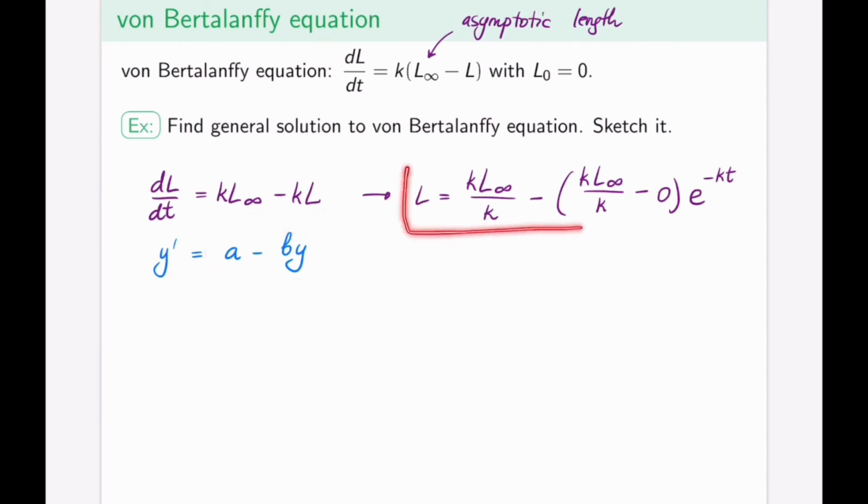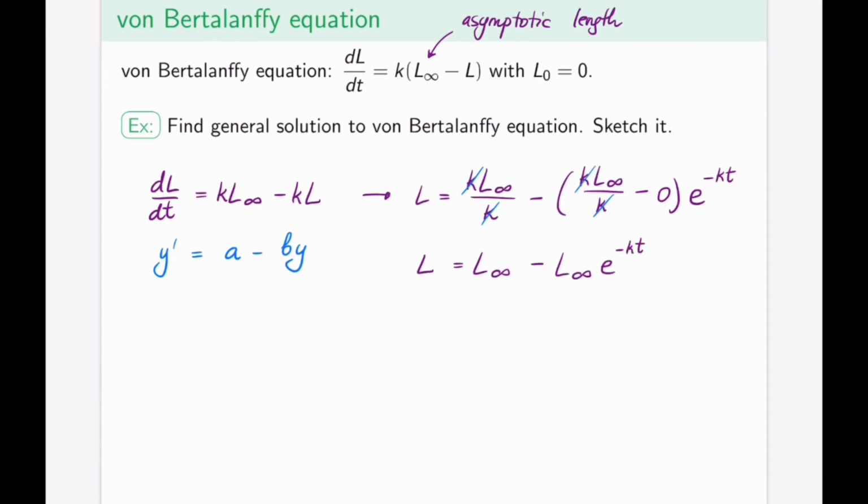Now, I'm going to simplify this equation as best I can. So first of all, I notice that minus 0 I can simply ignore, and I can also notice that in all of these terms, k's will cancel. So in the end, my equation is actually going to look quite simple. It's going to be L infinity minus L infinity e to the minus kt.